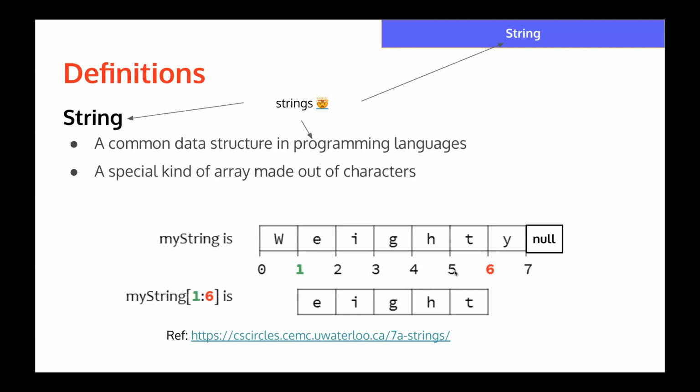It's very similar to an array, but there are also other sets of operations that are unique to strings. For example, you may want to compare different strings together, or join them or split them apart. So there's a lot of similarity with arrays, but there are also certain operations that are unique to strings.